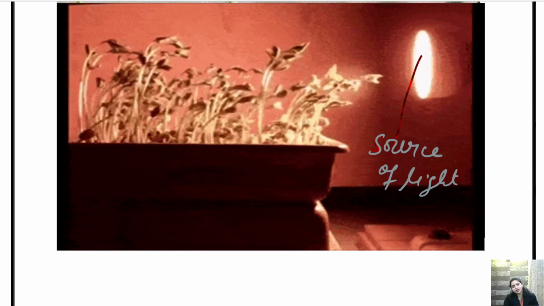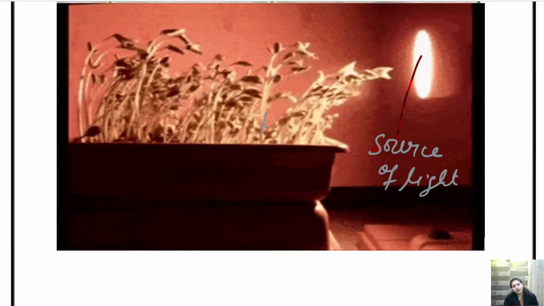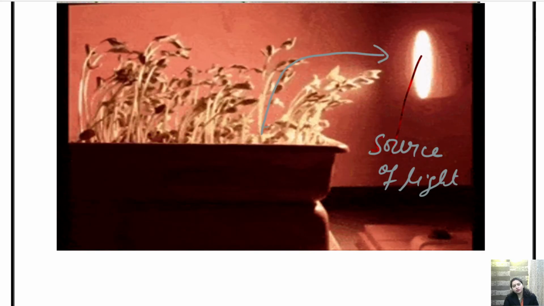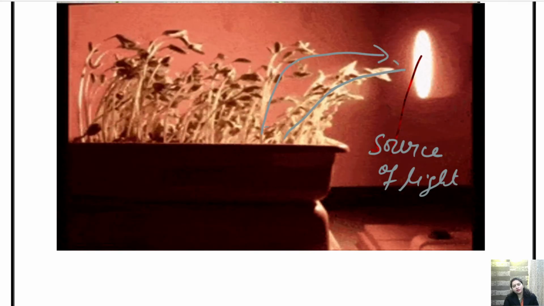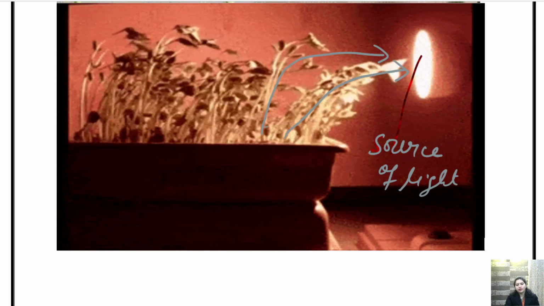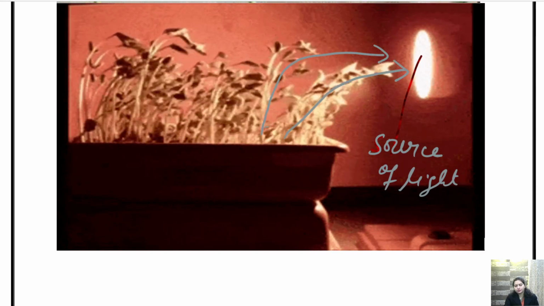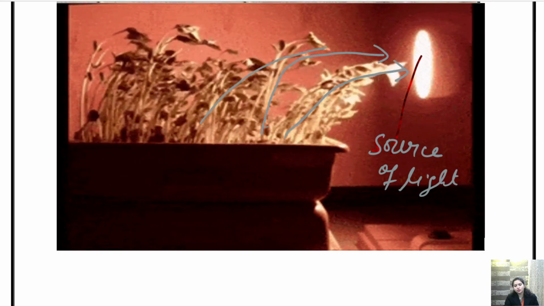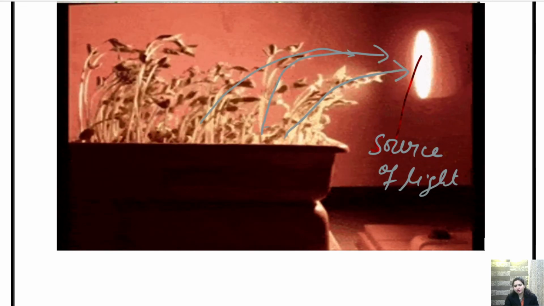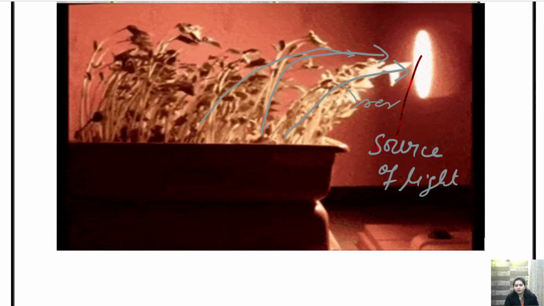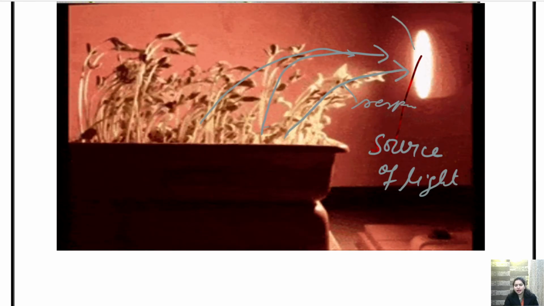So what you can see here is slowly and gradually these plants are moving towards or facing towards the place where light is there. Okay, it is growing towards the light. So this is the response, and this light is acting as a stimulus.